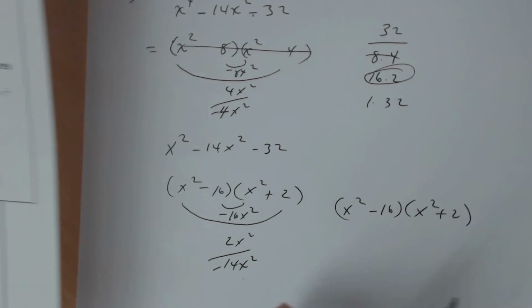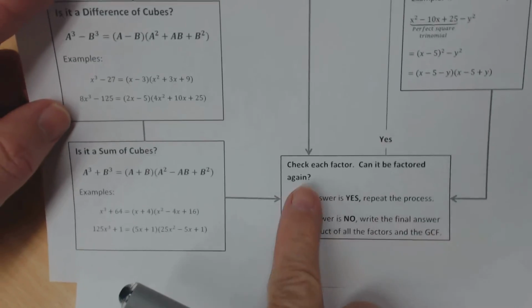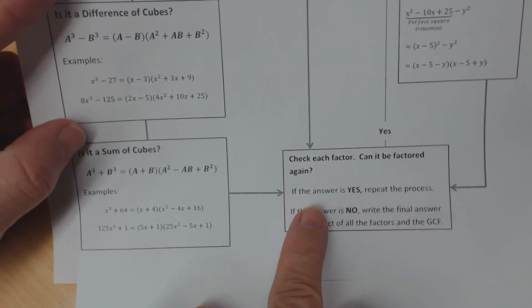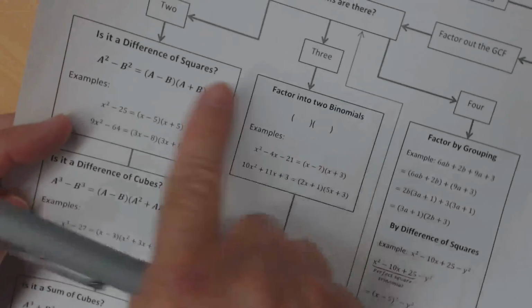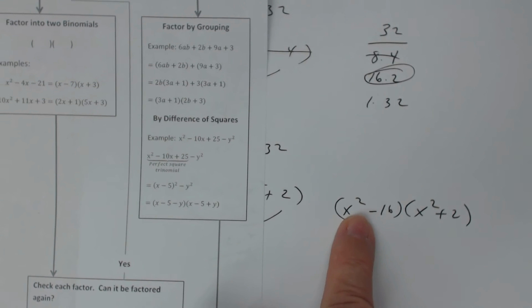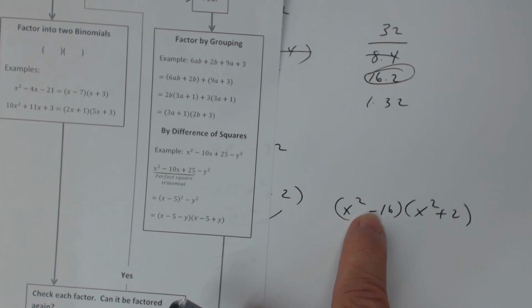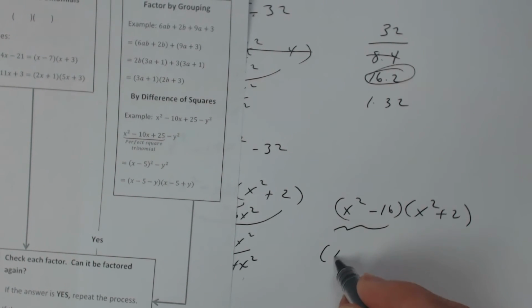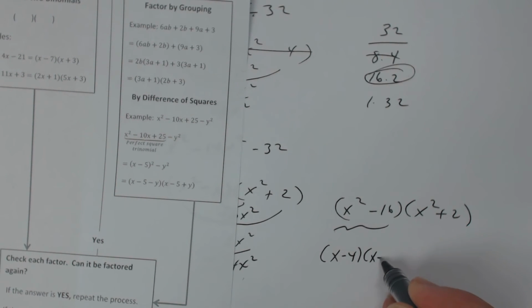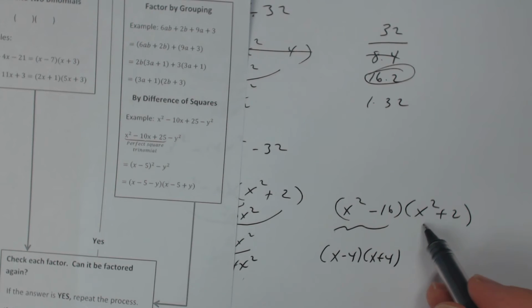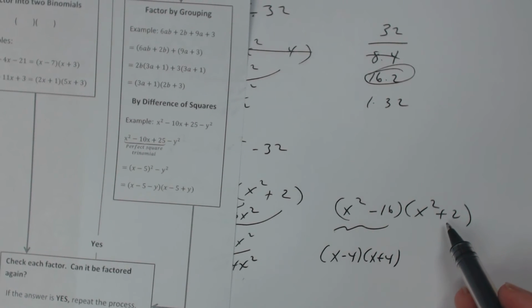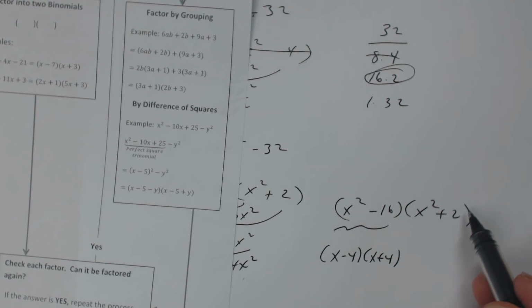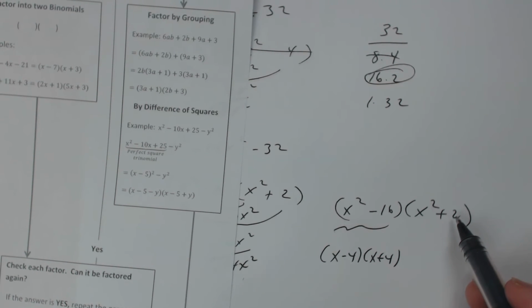Okay, so remember though, this right here says check each factor. Can it be factored further? If yes, then repeat this process. So if you look at this right here, this is the difference of 2 squares. So I can go further with this. So this is x minus 4 times x plus 4. And this right here, don't say that's the sum of 2 squares because no whole number times itself is 2.